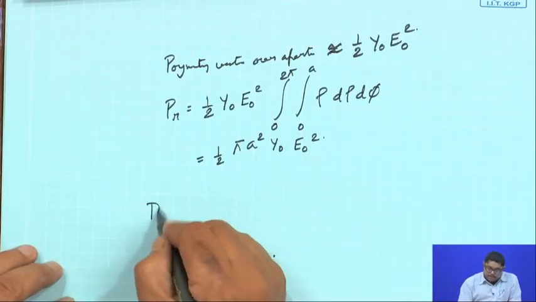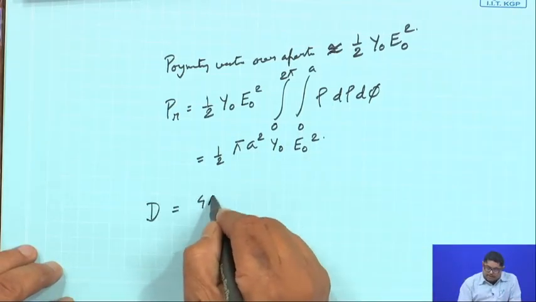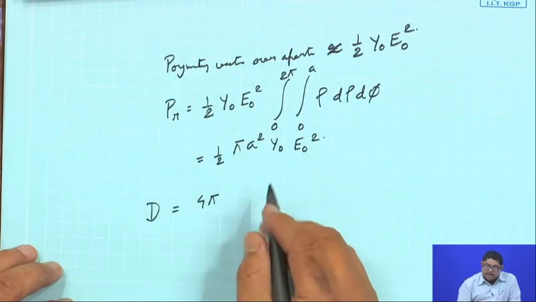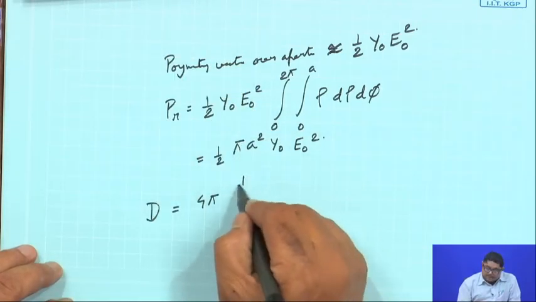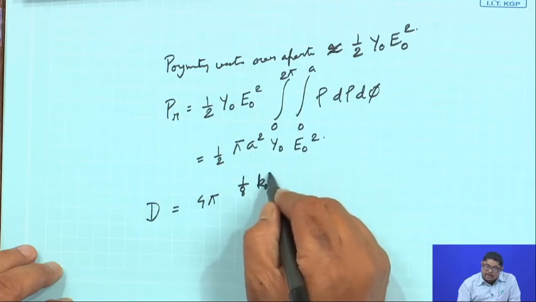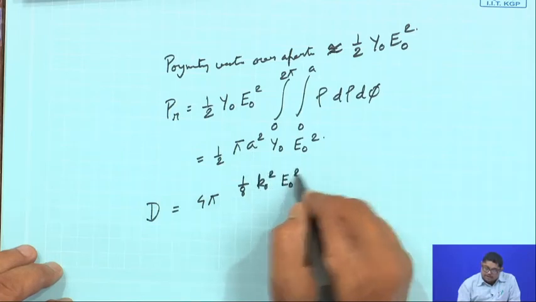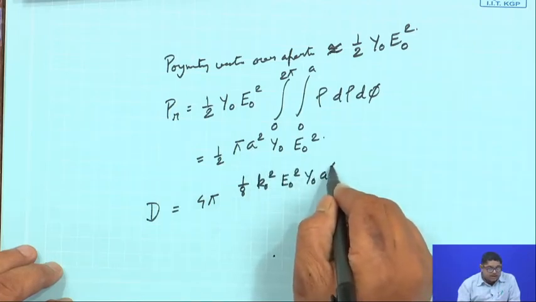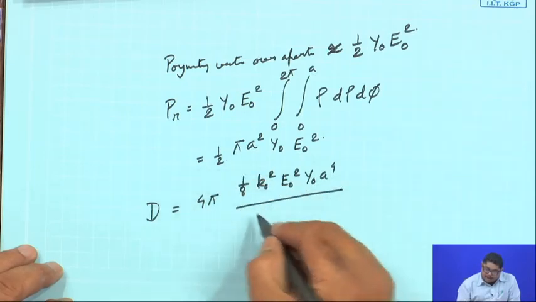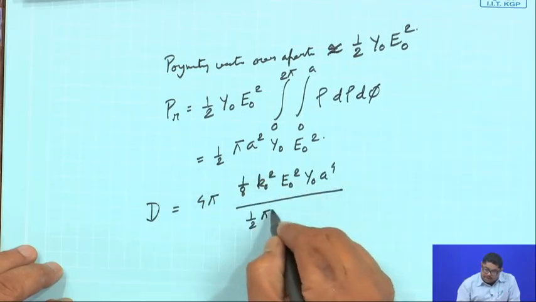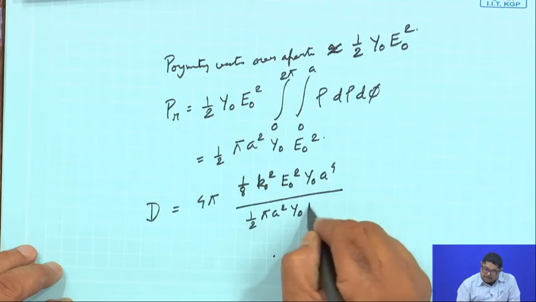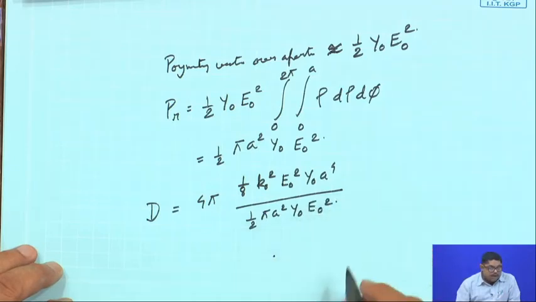Now you are in a position to find the directivity: 4 pi into the radiation intensity, 1 by 8 k naught square E naught square y naught a to the power 4, divided by the total radiated power, half pi a square y naught E naught square.